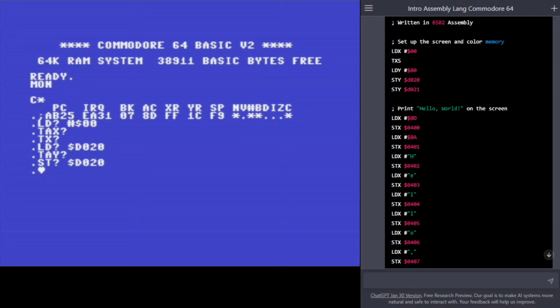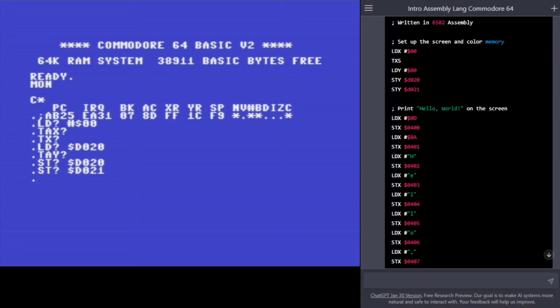And STA $D021, which I'm not even sure why we were writing the same value to two different memory addresses. But yeah, so it says set up the screen and color memory.